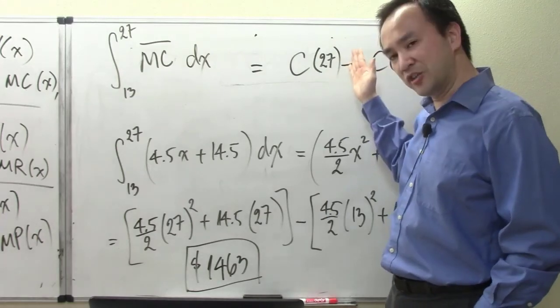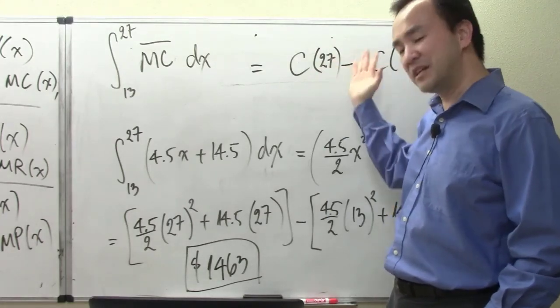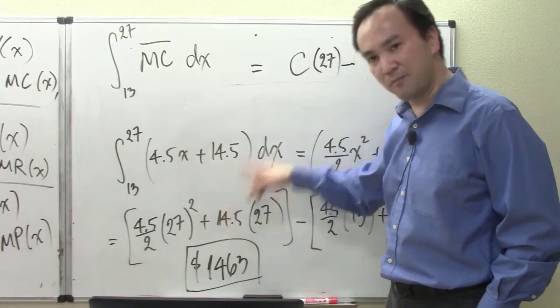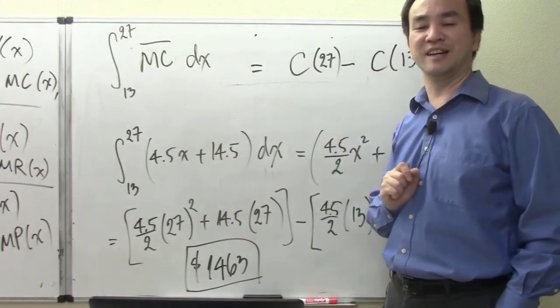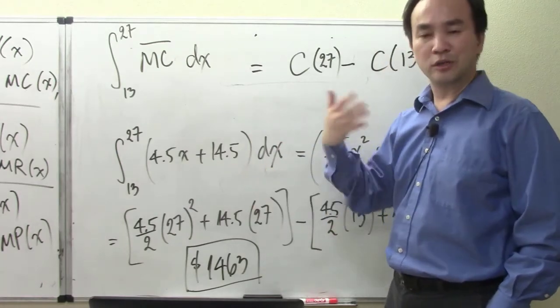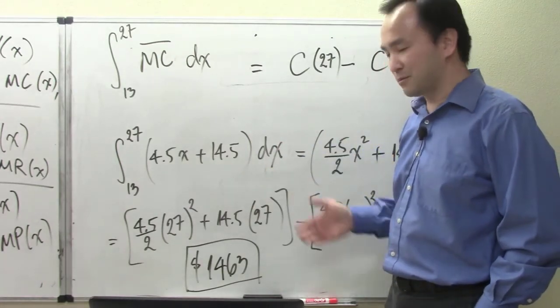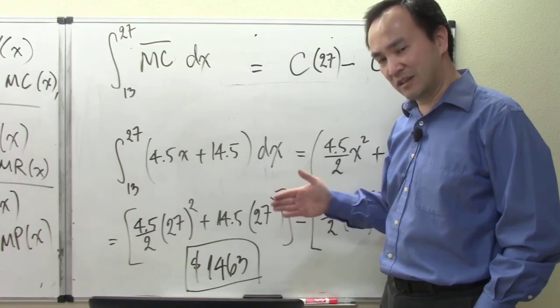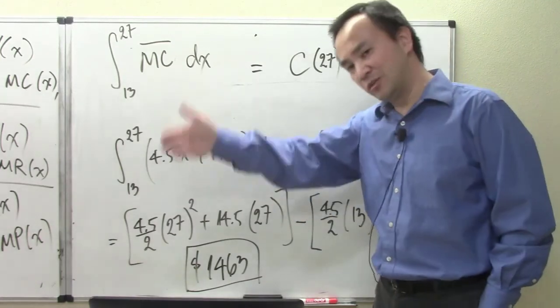It could be a profit, it could be a revenue, and then we do the subtracting based on the fundamental theorem of calculus again. And then we arrive at the total change, either the total change in revenue or the total change in profits, as sales units change from a certain number of units to a different number.